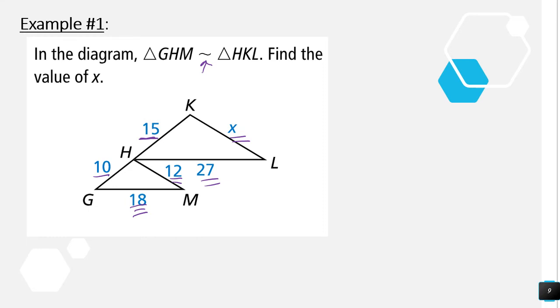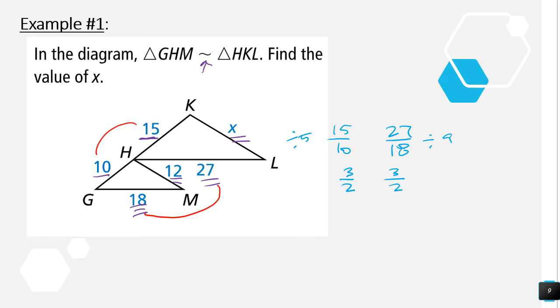It does not matter. You could put 15 over 10, or I could put 12 over 8. If I put 15 over 10 and I put 27 over 18 and I reduce those, the first two numbers are both divisible by 5. 5 goes into 15 3 times, 5 goes into 10 twice. 27 over 18, both of those are divisible by 9. 27 divided by 9 is 3. 18 divided by 9 is 2.